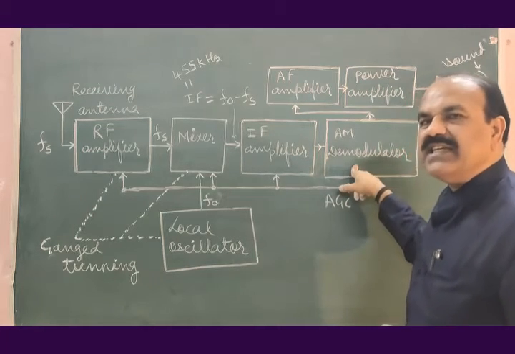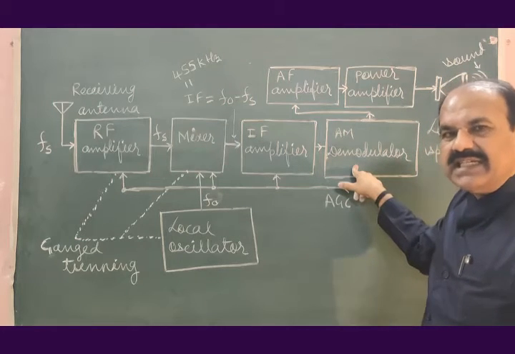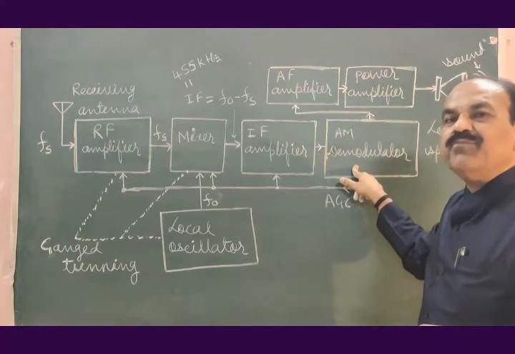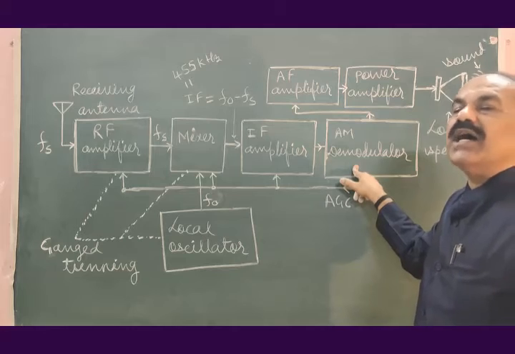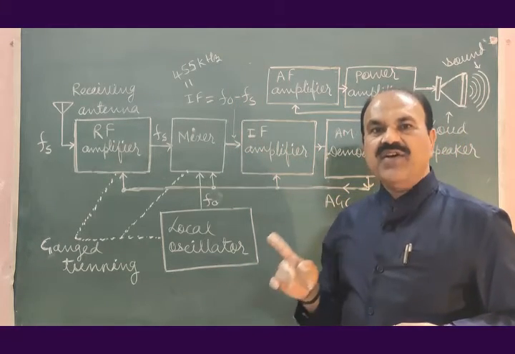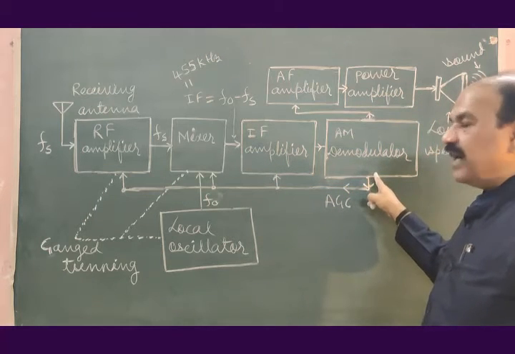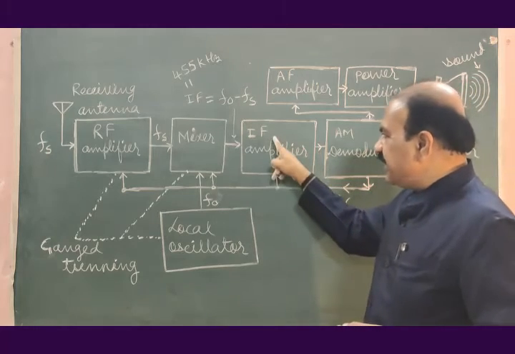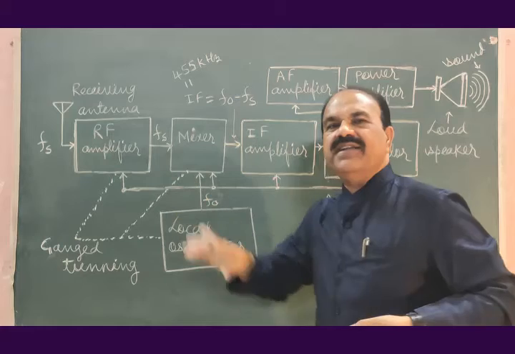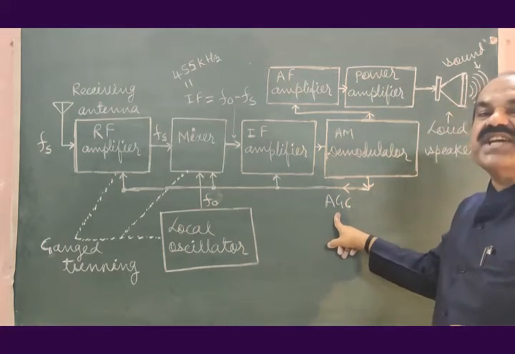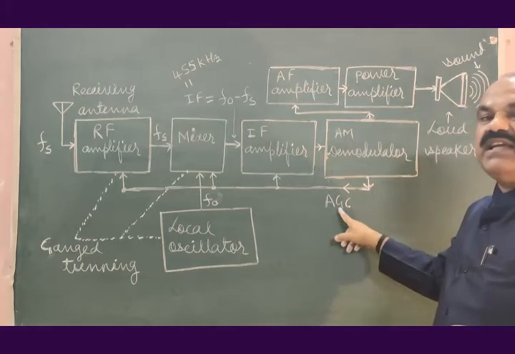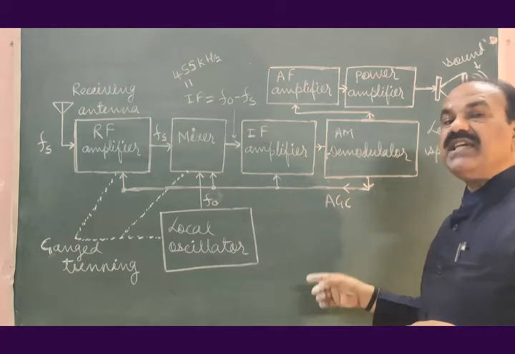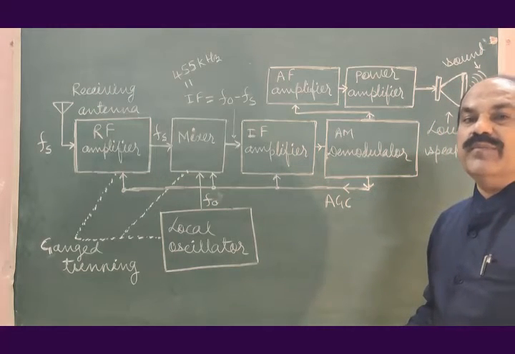The disadvantages, the demerits of instability in the gain, poor selectivity, and poor sensitivity are all overcome by this IF frequency. Second thing, some portion of the output of the demodulator is connected to the IF amplifier, mixer, and RF amplifier as AGC. It automatically controls the gain of these three circuits. AGC, automatic gain control.